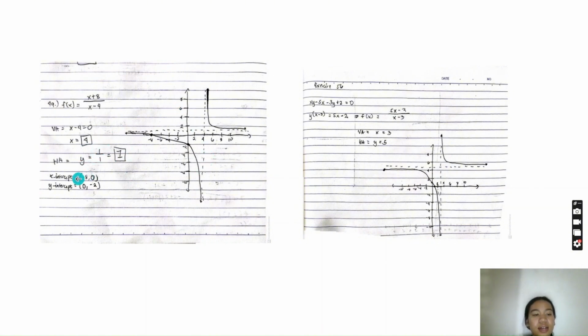Now for our horizontal asymptote, since our leading coefficients are 1, and from the rule, since they are equal, we will just simply divide them together. So 1 over 1 is 1.